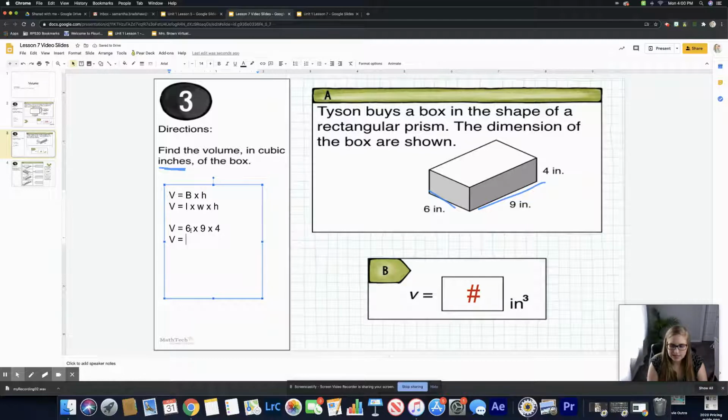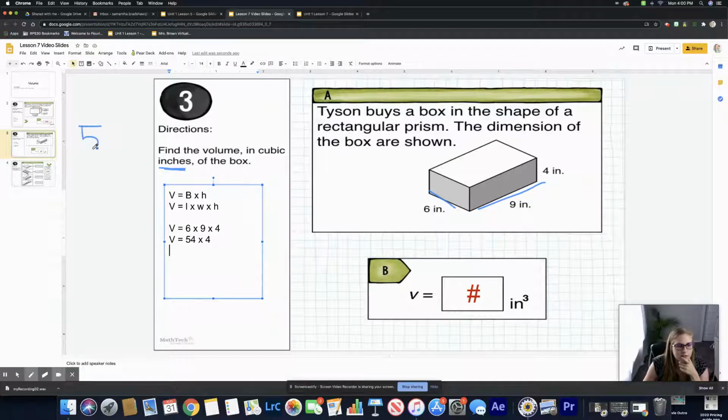Well, I know 6 times 9 is the same thing as saying I have 9 groups of 6. So 6 plus 6 plus 6, 9 times, or it is 54, and then bring down my times 4. I have to figure out volume equals 54 times 4.